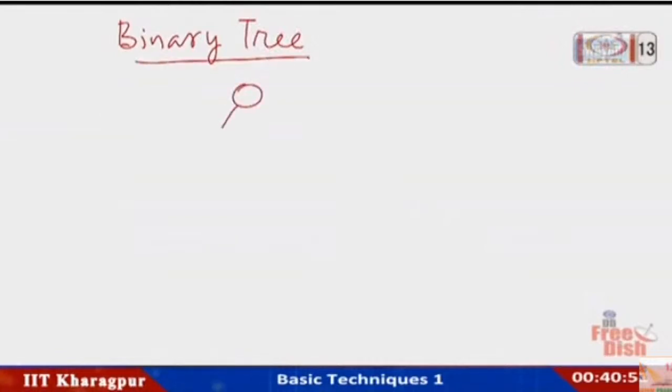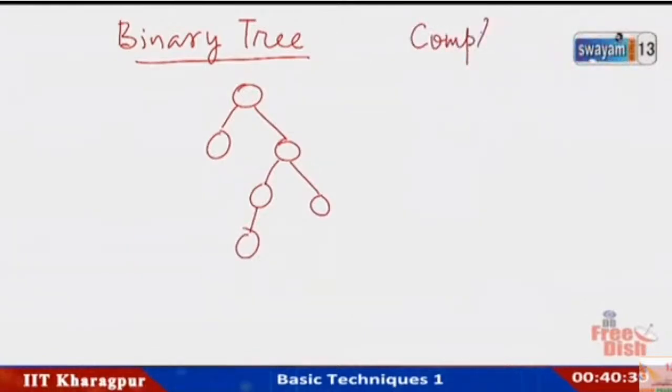A binary tree is a tree in which every node has at most two children. In particular, a complete binary tree is like this.